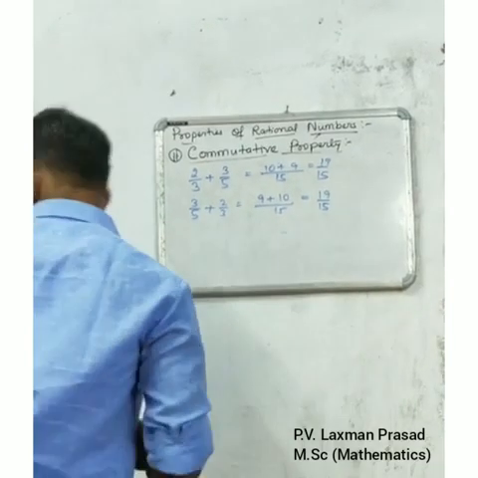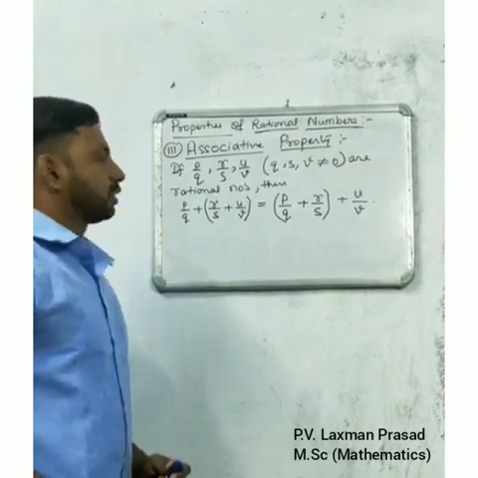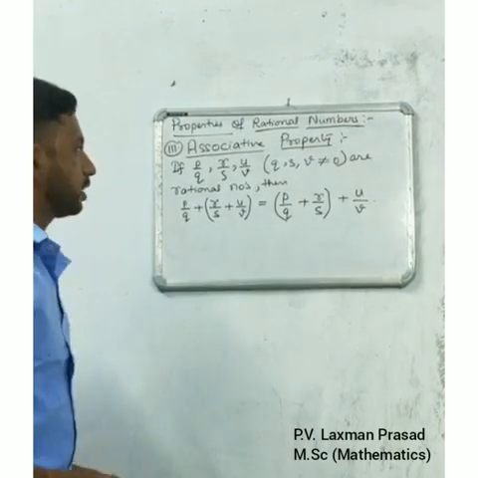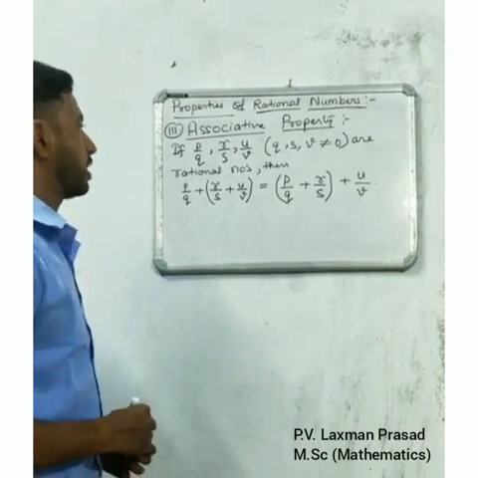Let's go to the third number property. So in the third property, we are going to discuss the associative property of the operation plus, addition.